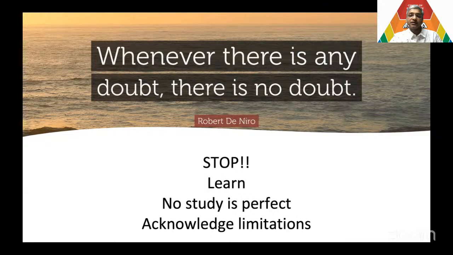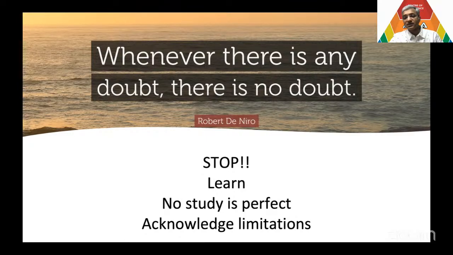And there is no study which is perfect. None of the publications which you will see are perfect, but all of them would be having data integrity, and they will also acknowledge their study limitations at the end.